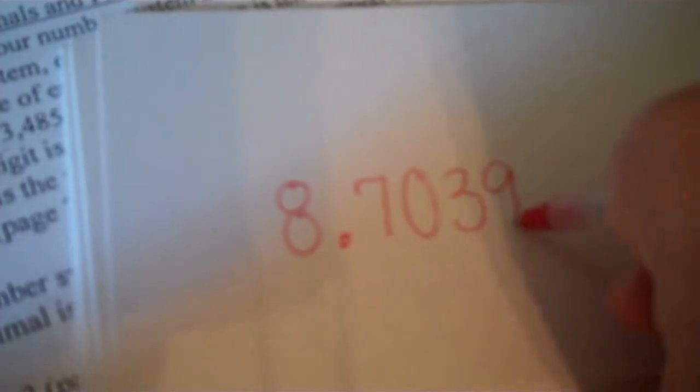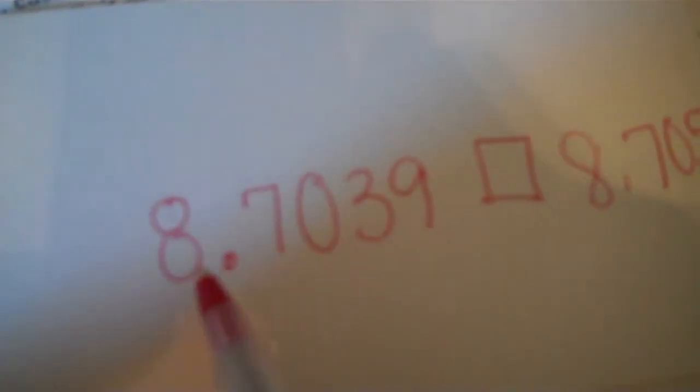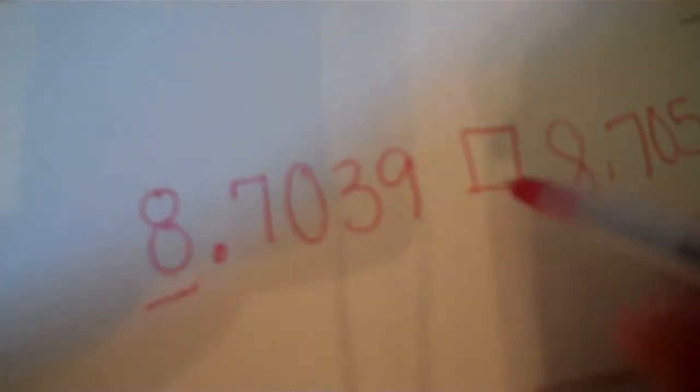If you have a number like in example 3, 8.7039, and we are comparing it to 8.705. Okay, we'll start here with our ones place. If the ones places are both alike, then you move on.